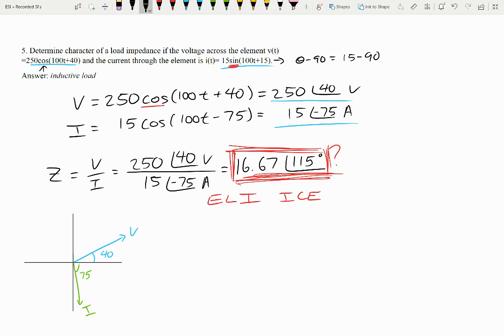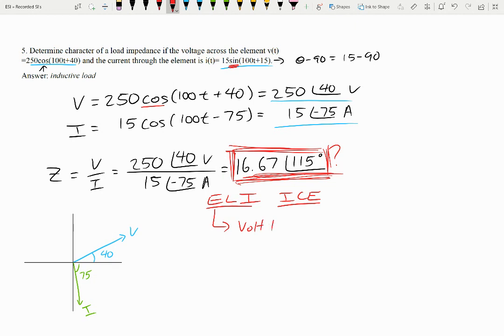And the reason for that is that in the past, we've dealt with pure inductors and capacitors and resistors, but this ELI the ICEman here is just in terms of voltage and current in general. So if we look here, let's take a look at the ELI part.